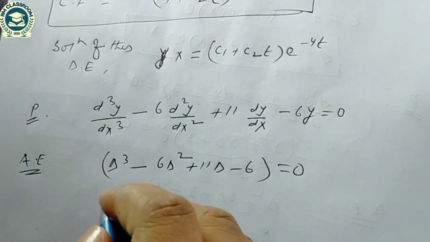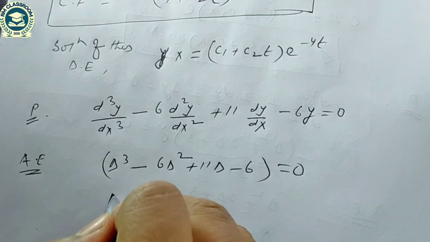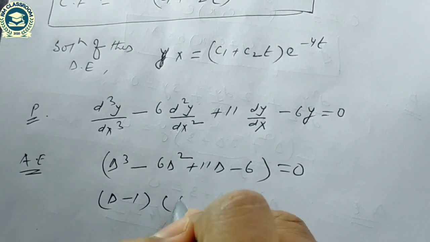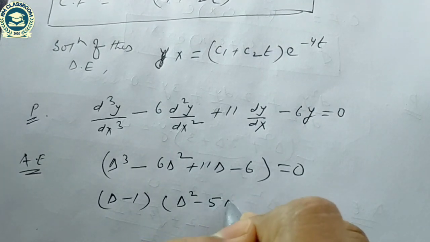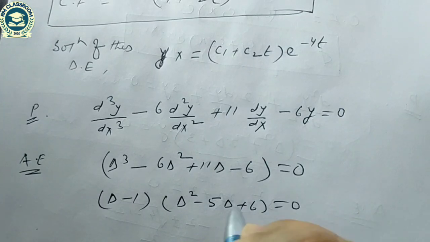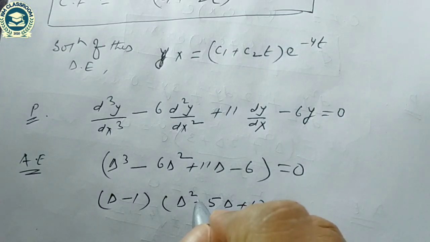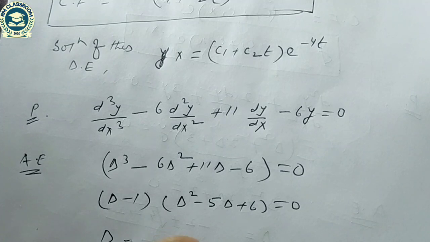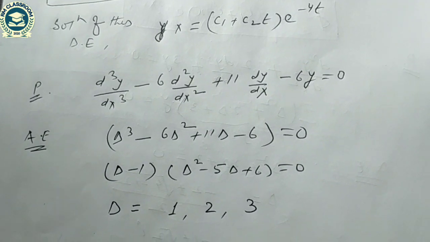So we can write (D minus 1)(D² minus 5D plus 6) is equal to 0. So the roots of this are D is equal to 1, 2 and 3. So the roots are real and distinct.